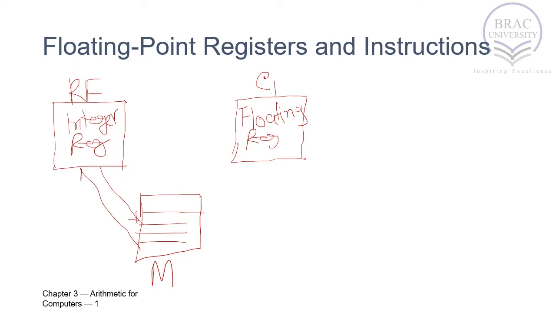We all know that the register file communicates data to and from RAM, and the same is true for the floating point register as well. Also, between the register file and the coprocessor, communication or data transfer is also possible.